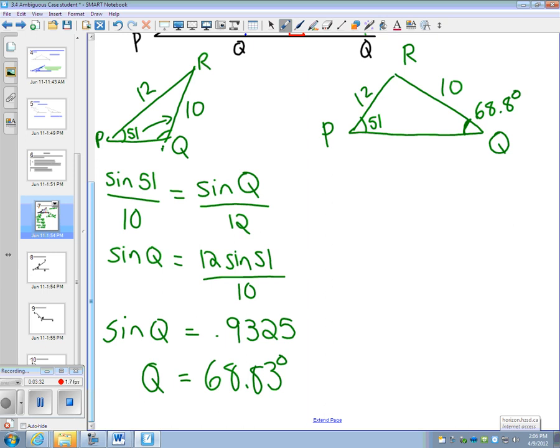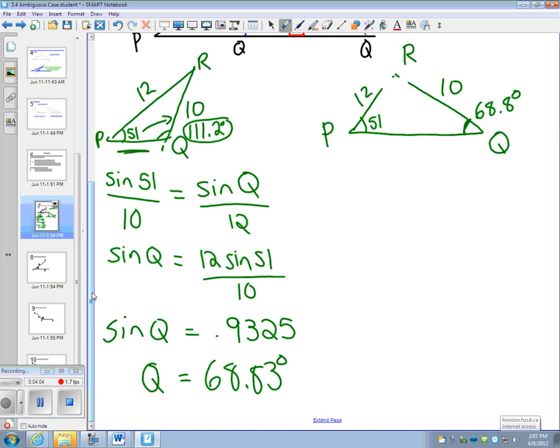I go 180 minus 68.8, and I'm saying this angle is actually 111.2. Remember I said that the biggest side is opposite the biggest angle. Well, check this out. This is obviously going to be a short side. In this triangle, the biggest side is right here, so that big angle is going to go there. So that's how I find that angle.